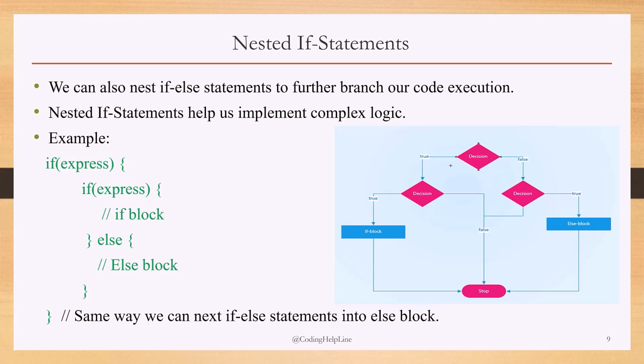This if block condition is evaluated, and if true, the if block is executed. If this expression is false, it goes into the else block and the else block will be executed. In the same way we can add an else clause here. In the else clause we can again nest the if else statements.